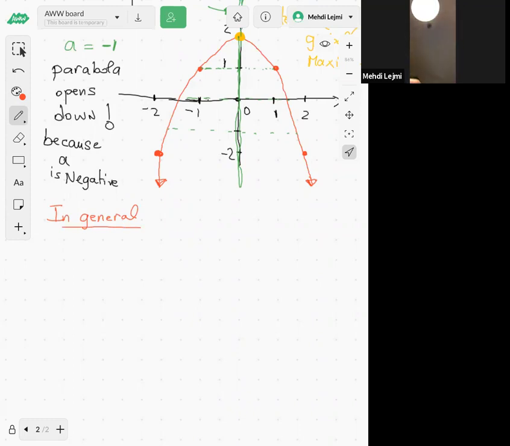It's either a global maximum or a global minimum. Yes, the vertex is always either global max or global min. So in general, to graph a quadratic function, first we need to find the vertex. And we have a formula for the vertex of the quadratic function.